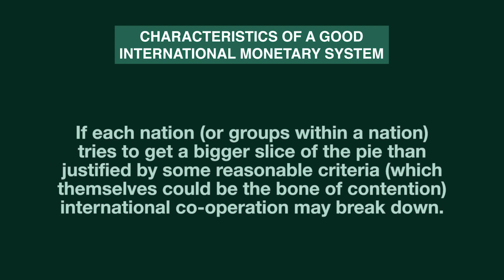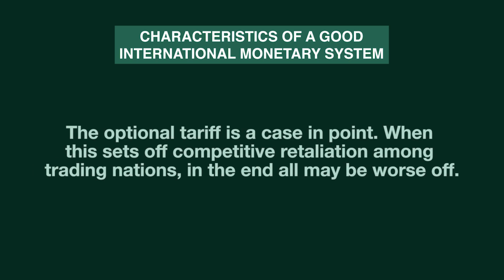If each nation or group of nations tries to get a bigger slice of the pie than justified by some reasonable arrangements or criteria previously decided, then it becomes a bone of contention, and international cooperation may break down in this process. The optimal tariff is a case in point. When this sets off competitive retaliation amongst the trading nations, in the end, all may be worse off.